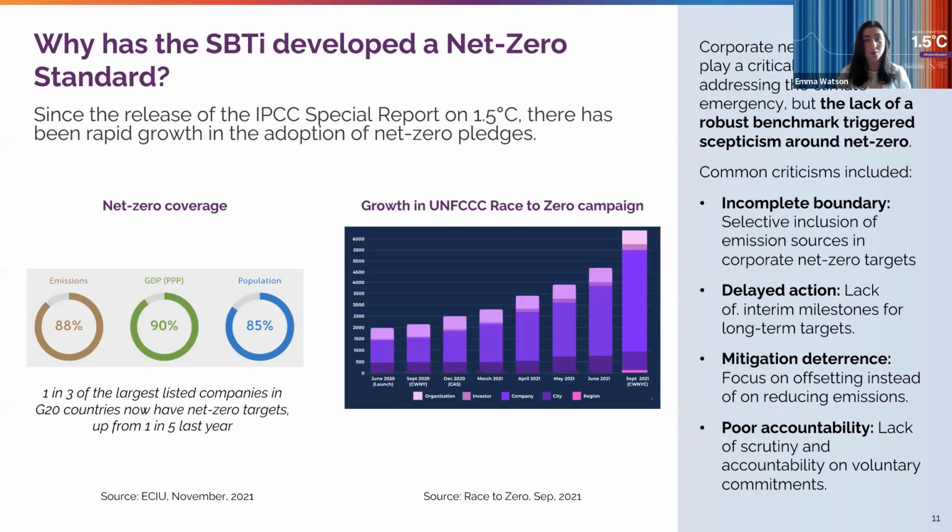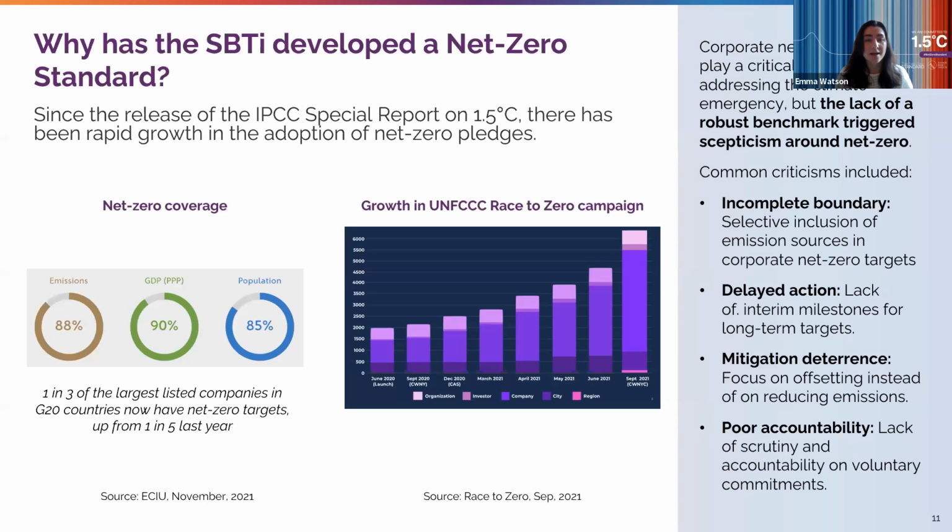What we can see on the screen here is that 88% of global emissions are actually covered by net zero pledges. This data comes from the Energy and Climate Intelligence Unit, and they track all net zero pledges. We can also see the growth in the UNFCCC Race to Zero campaign on the right-hand side of the screen.